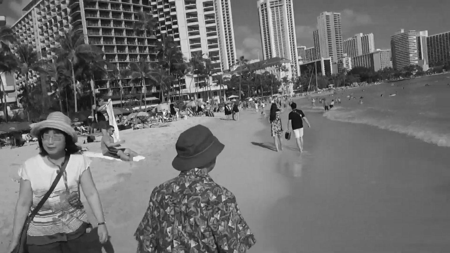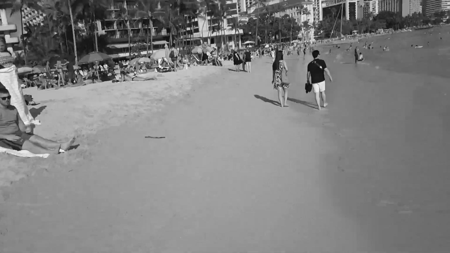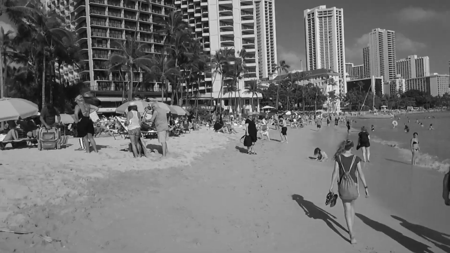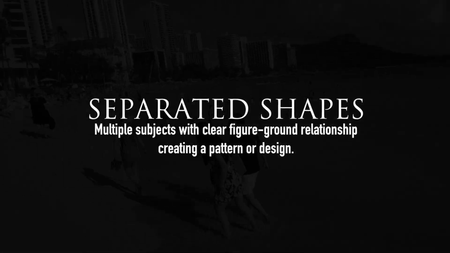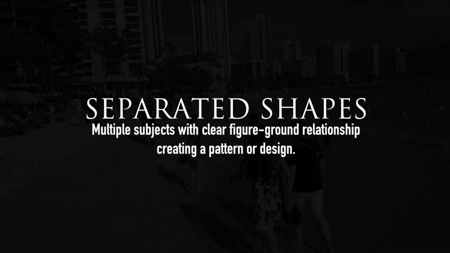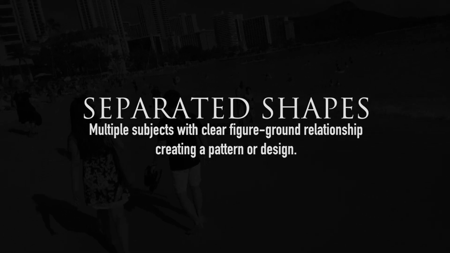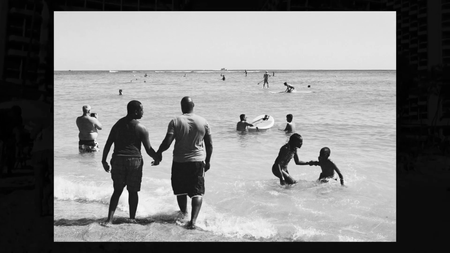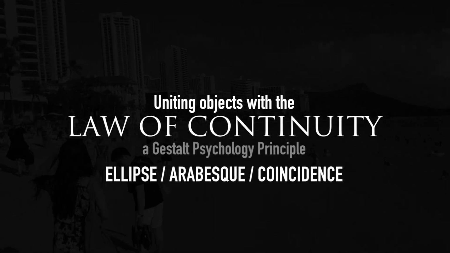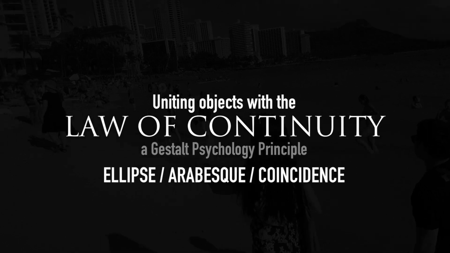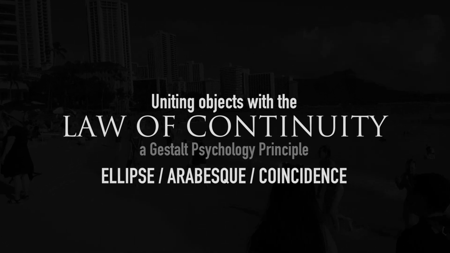Gestures. We're on the right side of the light. Check out the shadow. It's a good spot to work with separated shapes. A lot of different subjects. Separate them all. Maybe get them on an ellipse. A coincidence.